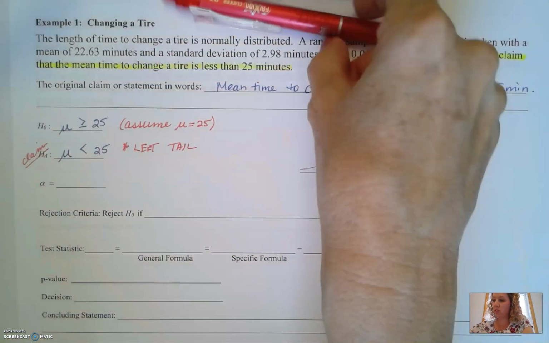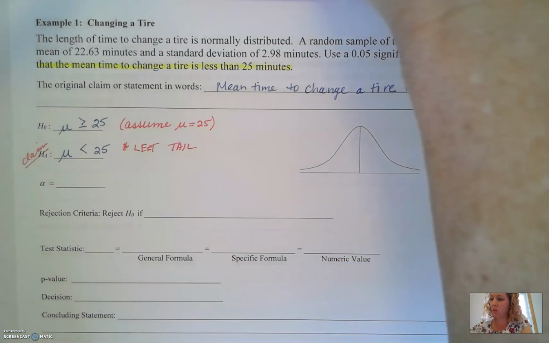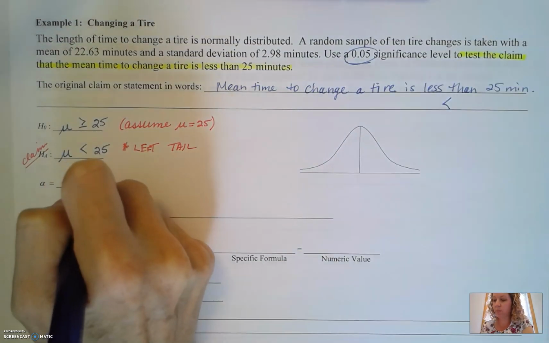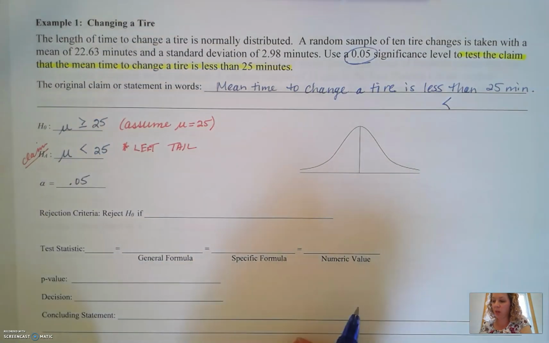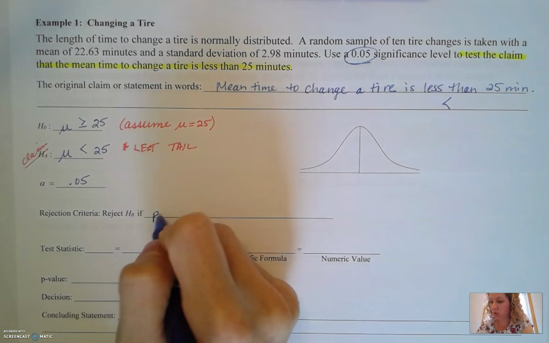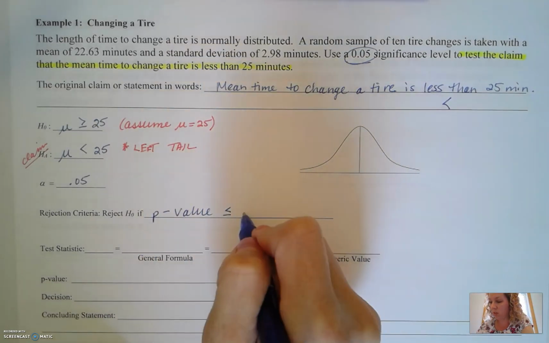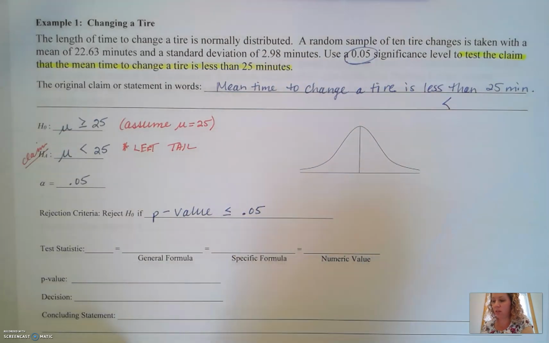Our significance level, it says use a 0.05 significance level, so it's the 5%. Next, our rejection criteria. We're going to reject the null if, using the p-value method, our p-value is less than or equal to our significance level, which is 0.05 in this case.